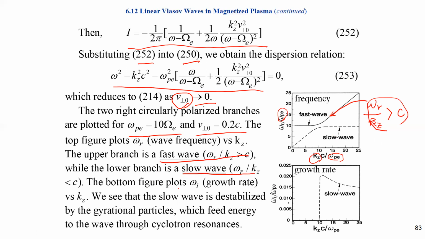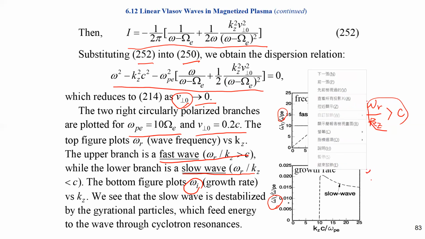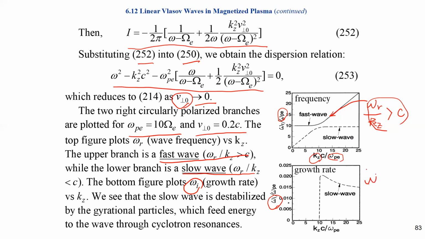The bottom figure plots omega I versus kz. Omega I is the imaginary part of omega, so the frequency is omega r plus i omega I. We see that the slow wave is destabilized by the gyrational particles.